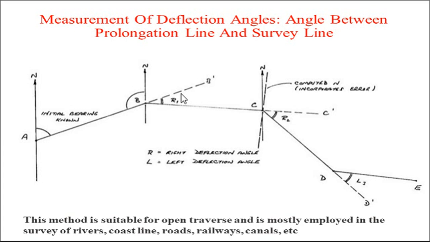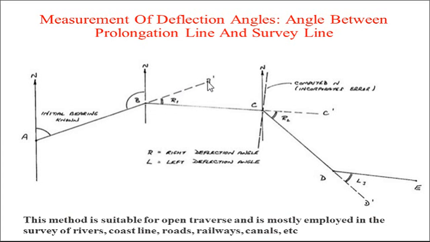Now, to measure the angle of deflection, what do we have to do? We have to set the theodolite at point, say B. Then we have to level it properly and center it properly. Then by loosening the lower plate clamping screw, we direct the telescope along this line, that is B dash line.